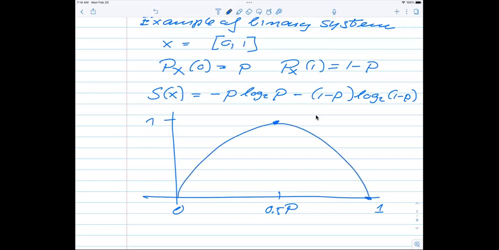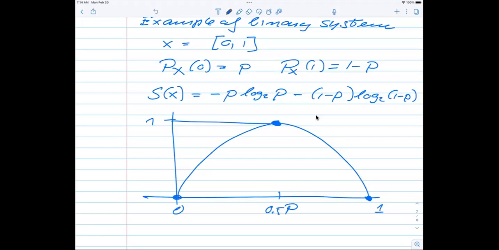The thing which we also notice here is that when it reaches its maximum, it is at 1 bit, which can be seen in the plot. So this corresponds to 1 bit. This is the maximum entropy we can have. The other extreme corresponds to the deterministic case. Here we have P equal to 0, and here we have P equal to 1.